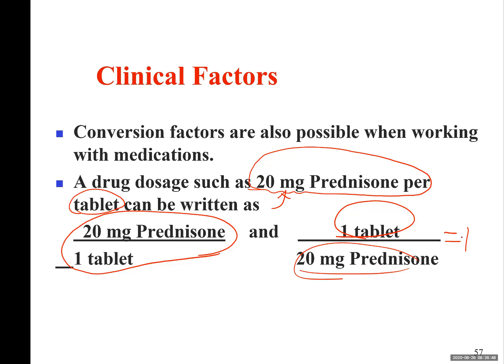Or I can say every 20 milligrams of prednisone is found in 1 tablet. So top and bottom are equal together. So I have 2 conversion factors, which come from an equation which is not universal, but in this problem, it will give you an equation. So you can assume infinite significant figures. You can write 2 conversion factors. You use the one that you need.